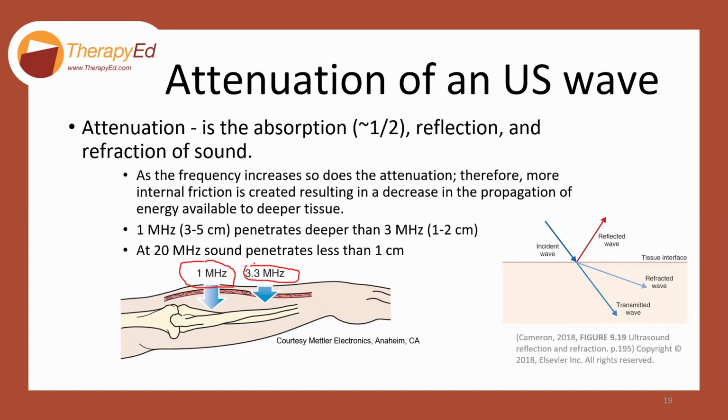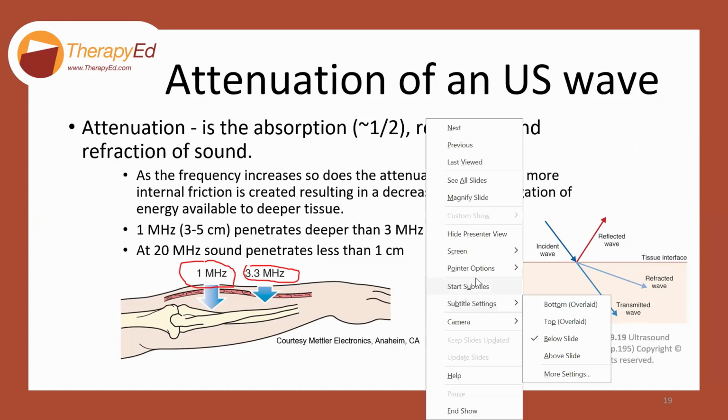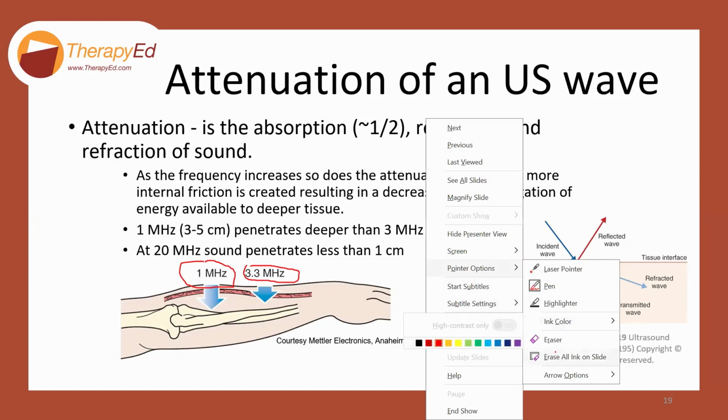And so the longer the wavelength, the farther the sound travels. Like a stereo system, bass travels much farther than a high frequency sound. Does that help? Yeah, that makes a ton of sense. Thank you.